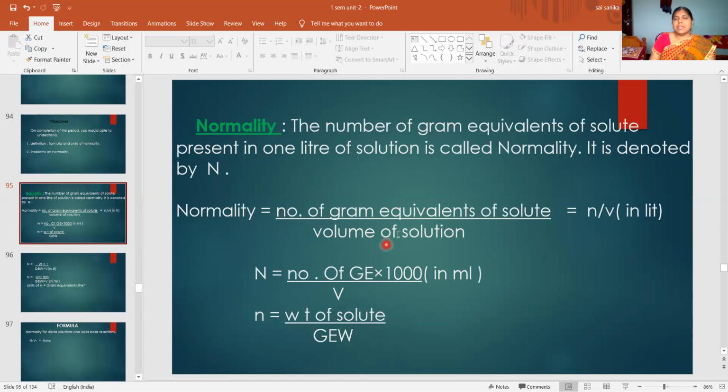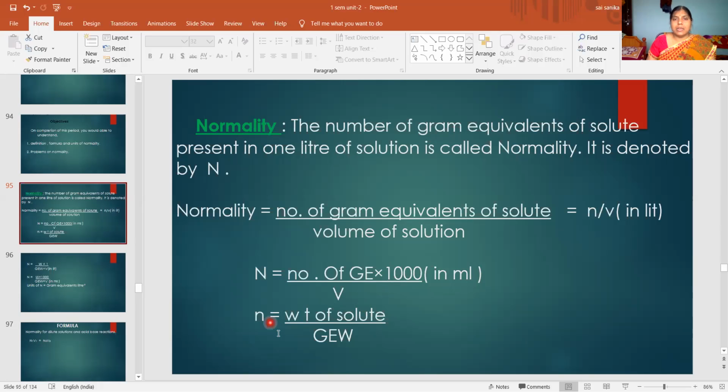Okay, what is normality? The number of gram equivalents of solute present in 1 liter of solution is called normality. It is denoted by capital N and its formula is N equal to number of gram equivalents of solute by volume of solution in liters. When volume is in ml, it is N by V into 1000.